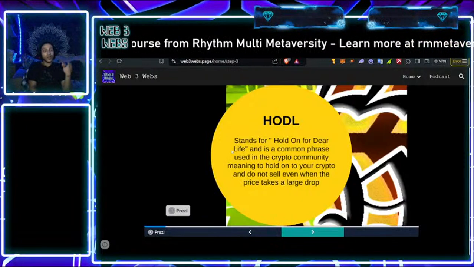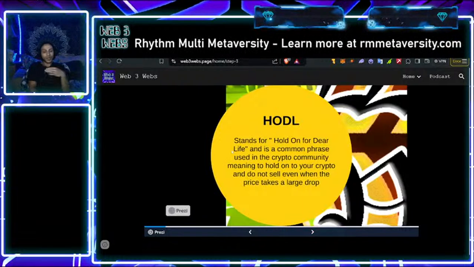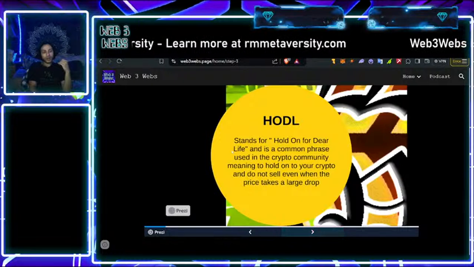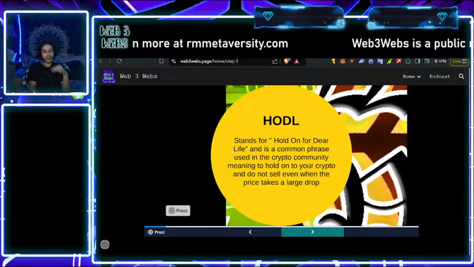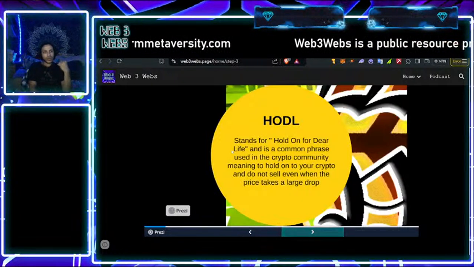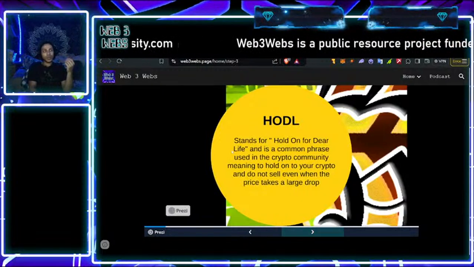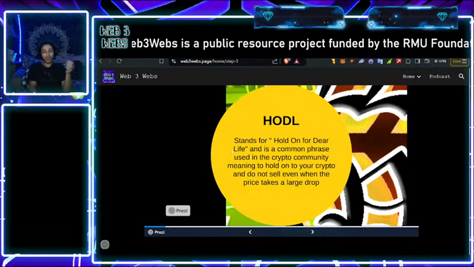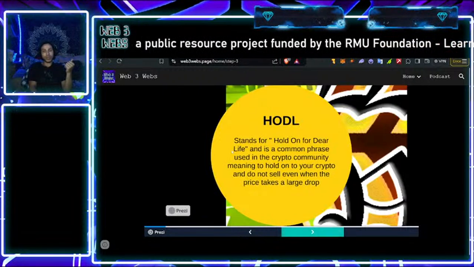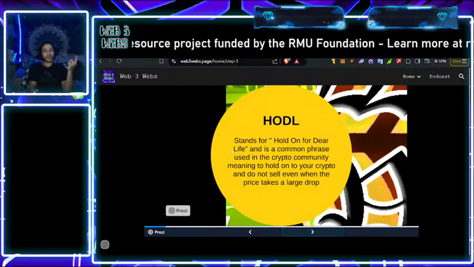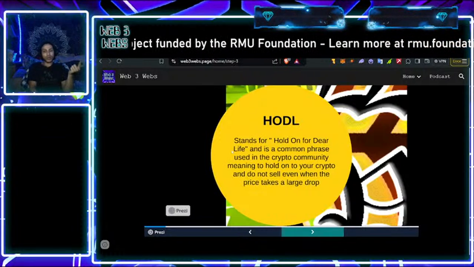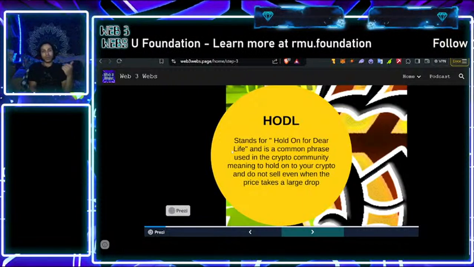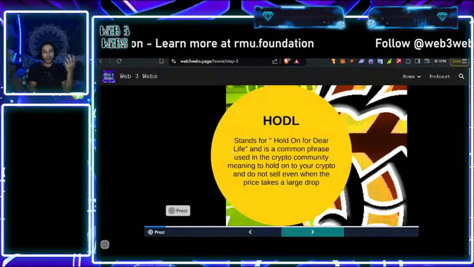And you have to be able to react in those moments. You can't just sit there and hold on to a crypto thinking that it's going to come back forever when it's just not, right? So in many cases, there are times where you should sell, right? But because of this mindset that they promote, you won't, and you will actually lose money that you could have gotten back had you actually sold.